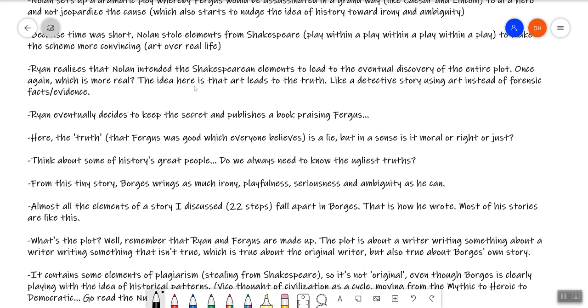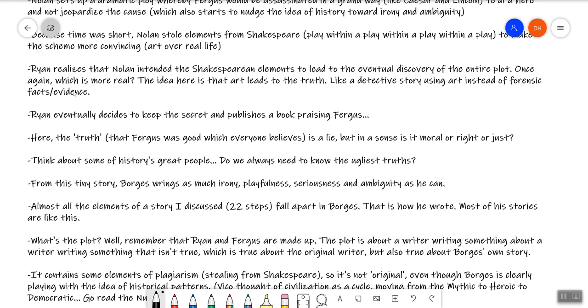Okay, so he's using Shakespeare. So Nolan used Shakespeare so that a writer, somebody who writes fake people that don't exist. Othello didn't exist, but he exists as a character. Okay? So he used these elements so that somebody would later find the truth, the real plot that Fergus was a traitor.